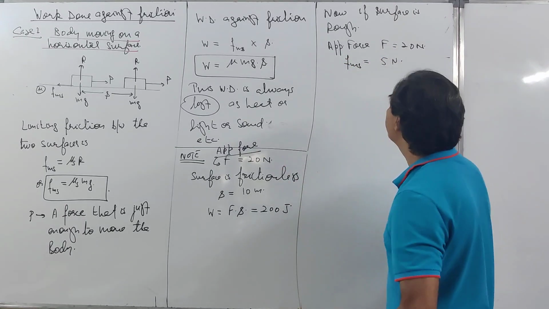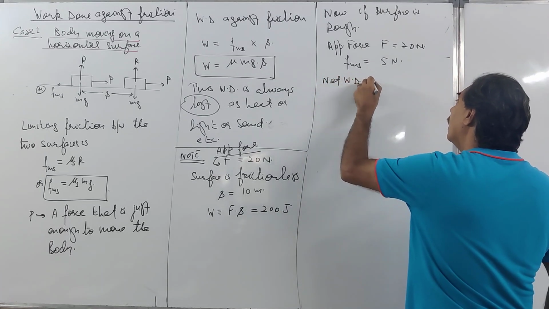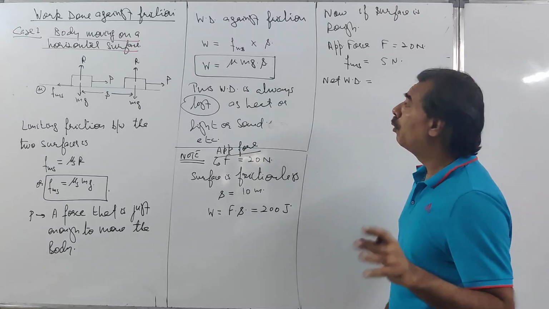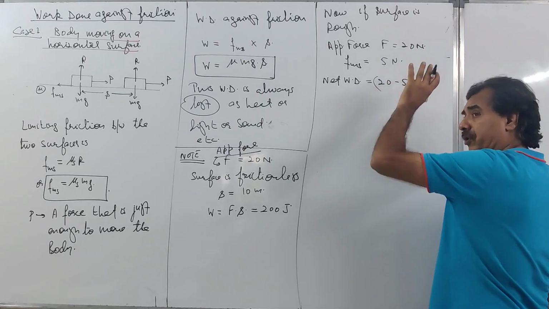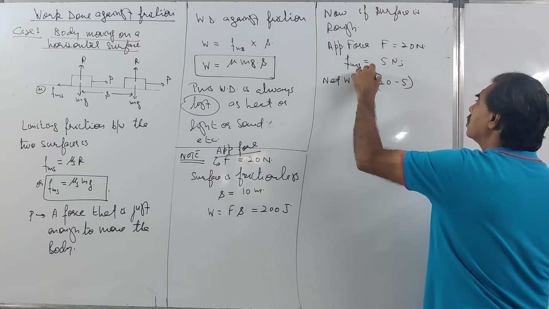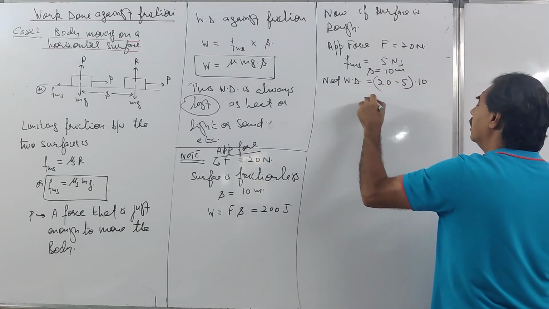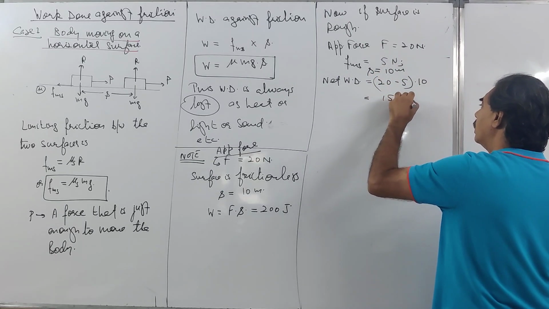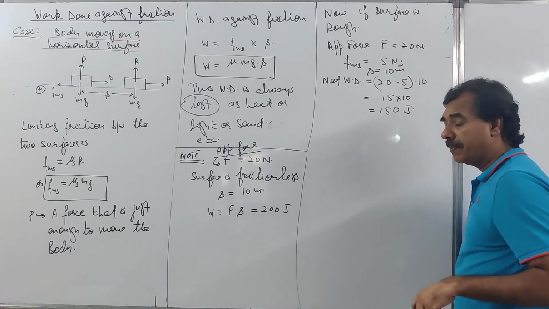Body will move, नेट वर्क डन कितना होगा? आप बोलोगे सर नेट फोर्स होगी 20 minus 5 and distance traveled is let's say 10 meters, into 10. This is 15 into 10 equal to 150 joules.